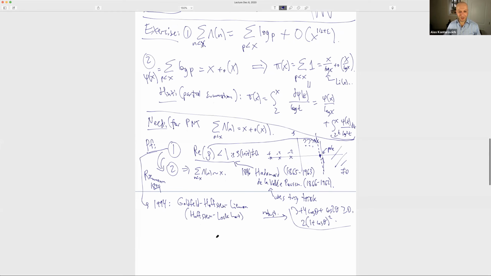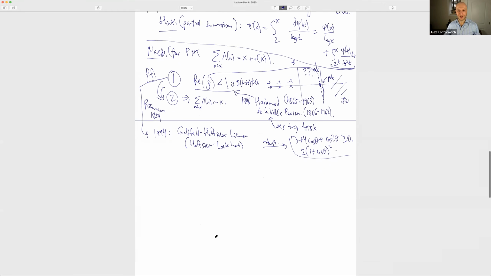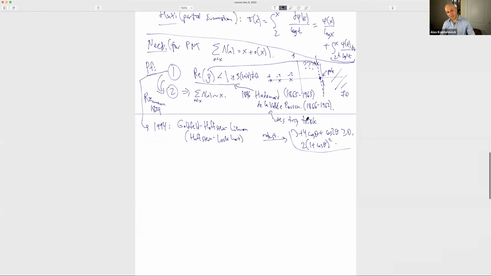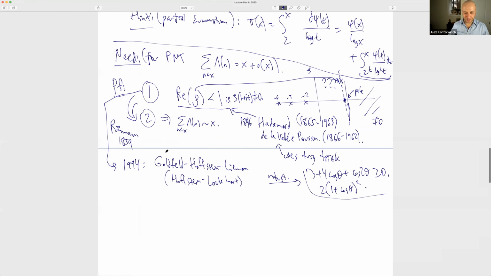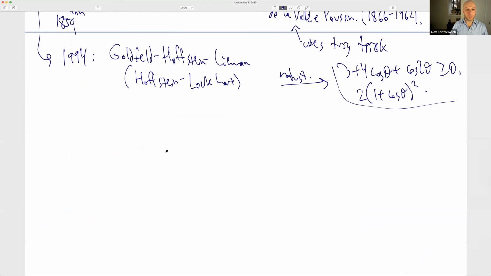Okay, here is the argument in Goldfeld-Hofstein-Lehmann. Look, it's not that far from what's here, but it's rather slick. So I'm going to cook up a function. Before I cook it up, let's come in here. So remember, we're trying to prove that the zeta function doesn't vanish. Here's what I'm going to do.